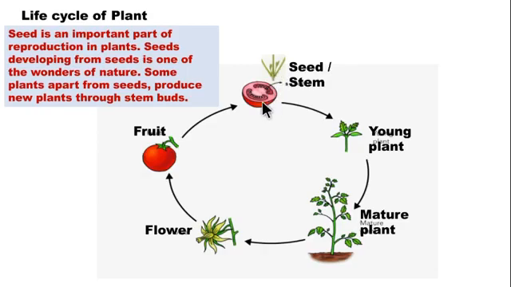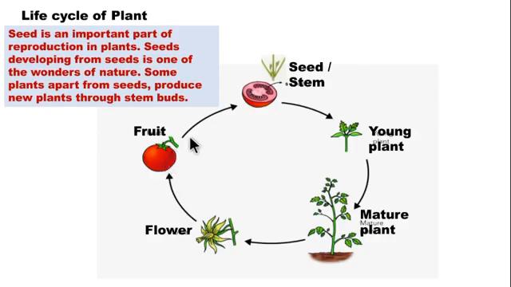Once we plant the seeds, then it will become a young plant, isn't it? Then it will become a mature plant. After this, the mature plant will produce flower, and this flower becomes fruit.